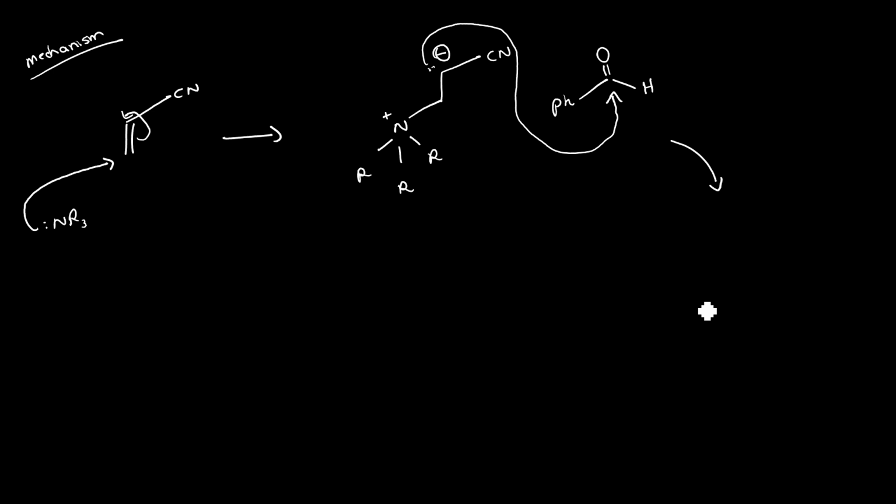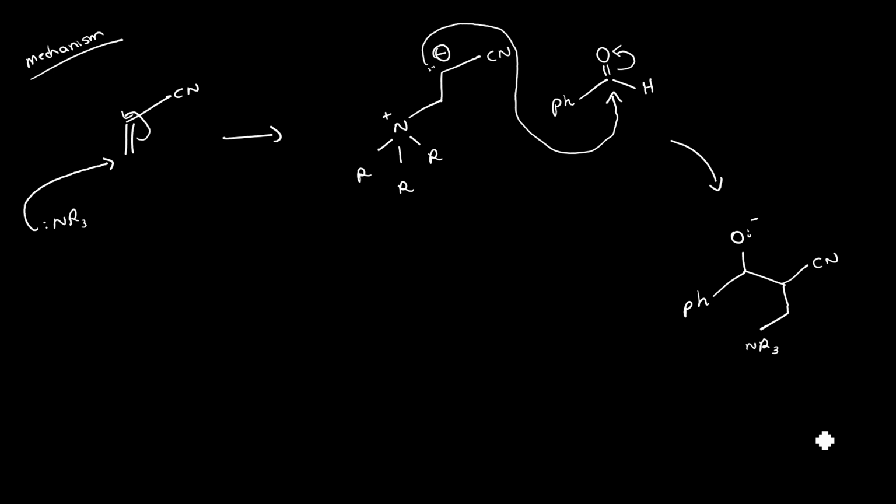Okay, let me draw it correctly. Here we have the Ph, and now due to this attack, this bond has to be broken here. I'm going to draw that. Here I'm going to draw this carbon, and here we have NR3, and here we have the CN.